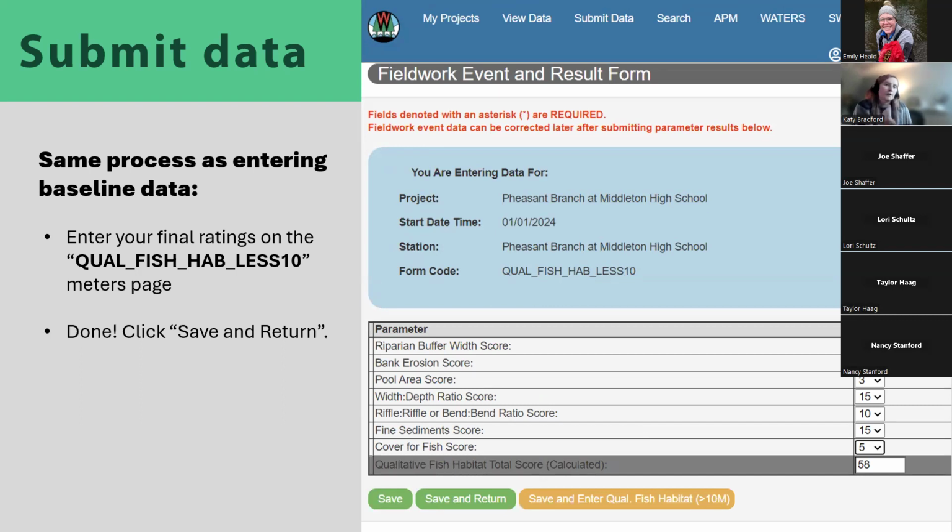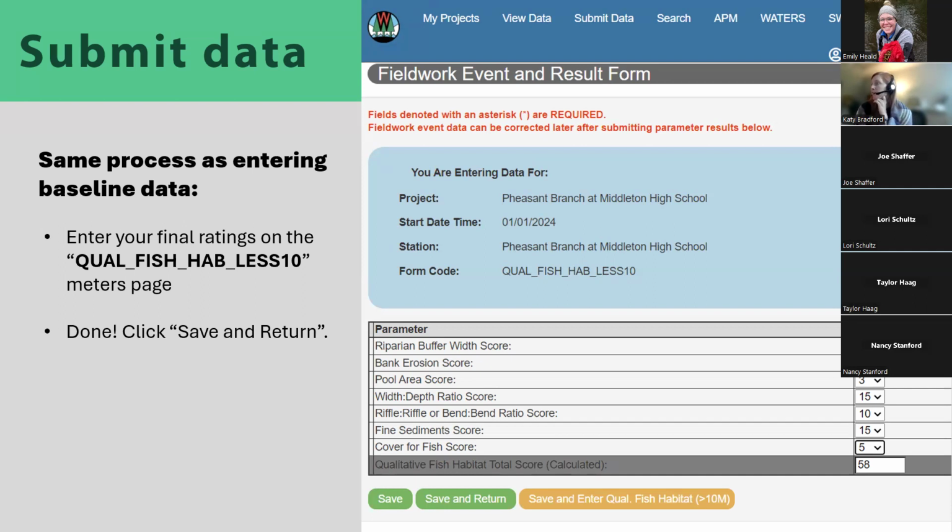You click through your weather page, your stream flow page, the biotic index page, and then you'll get to this page that says qual fish hab less 10, where that's less than 10 meters or less than 33 feet. That is what the form is called in SWIMS. I know it's not the most clear information, but I'll try to clarify that with the SWIM staff if I can.